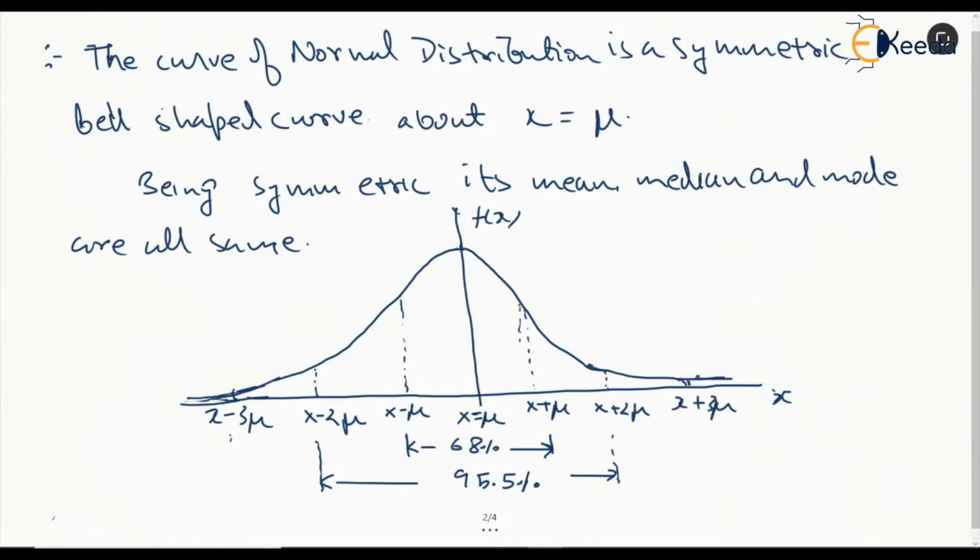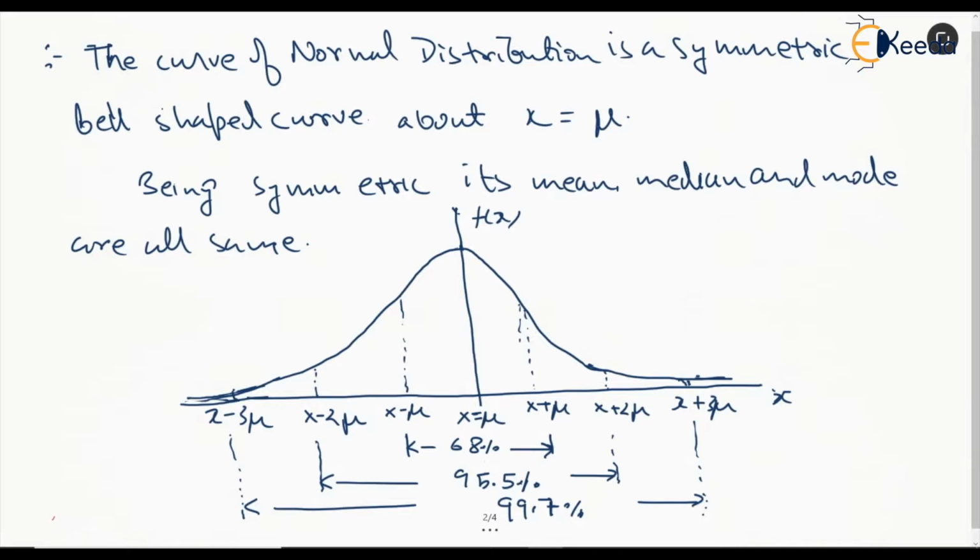And then x minus 3 mu to plus 3 mu covers almost 99.7%, which is like almost 100%. So this will be a bell-shaped curve.